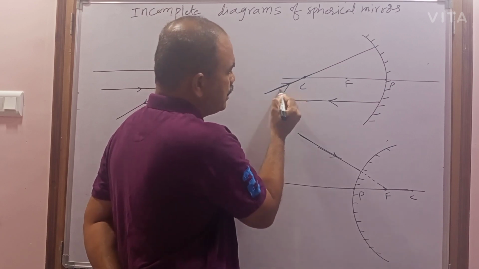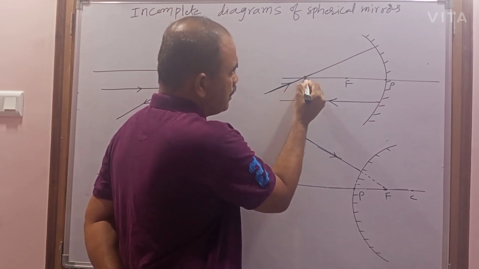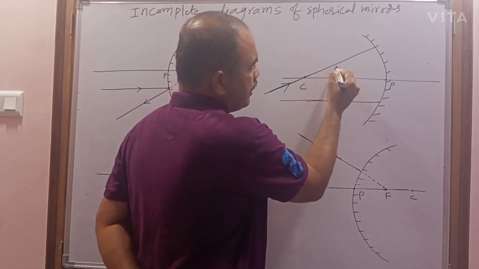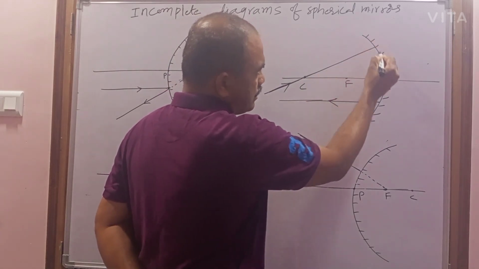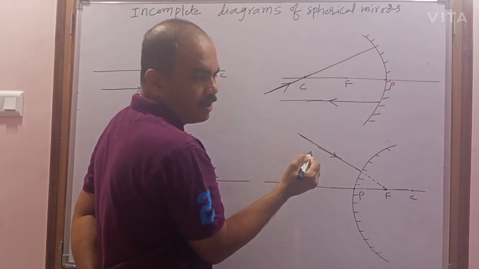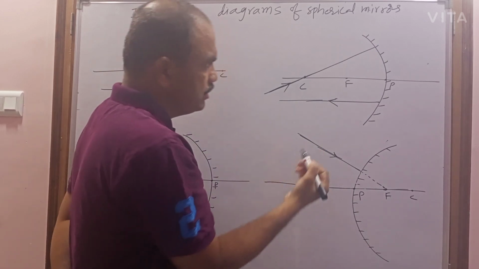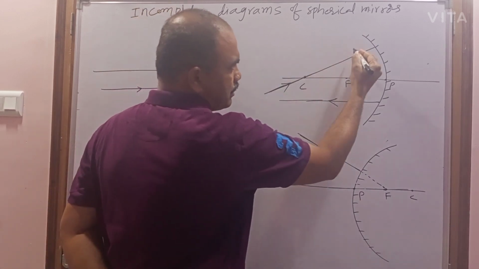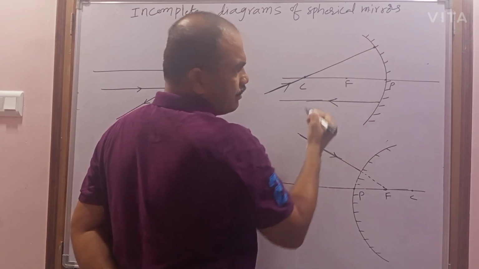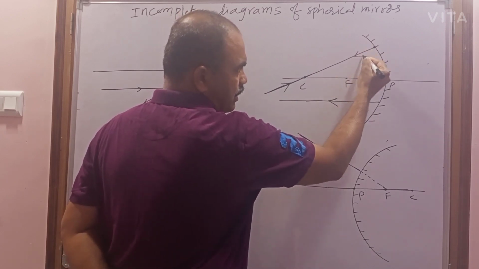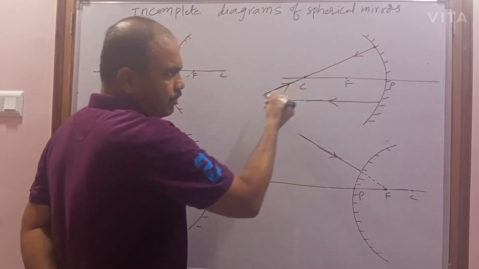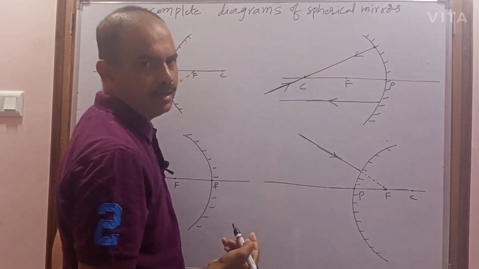This incident ray is traveling through the center of curvature and is incident on the concave mirror. According to the rule, what happens? It is retraced along its path. After incidence at this point, it returns along the same path. You have completed this ray diagram.